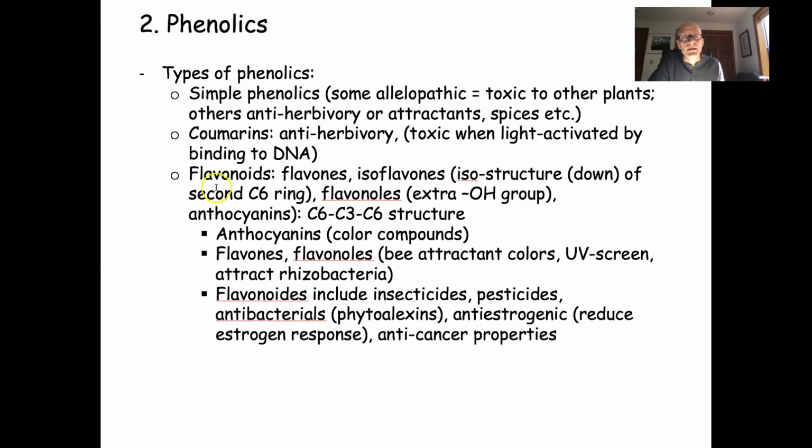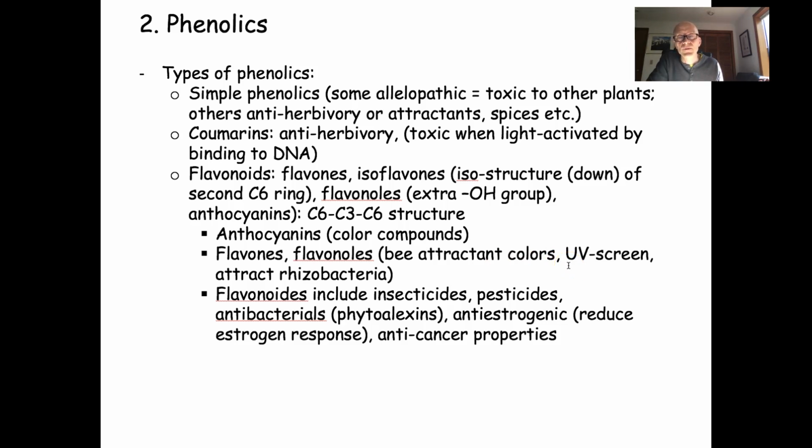Okay, so we talked about the flavonoids, and I showed you some examples of anthocyanins. Flavones and flavonols are oftentimes bee-attracting colors, so colors that bees can see. Sometimes humans can see them, but they might be in a spectrum that is slightly outside what we consider the visible spectrum. They also work as UV screens for plants.